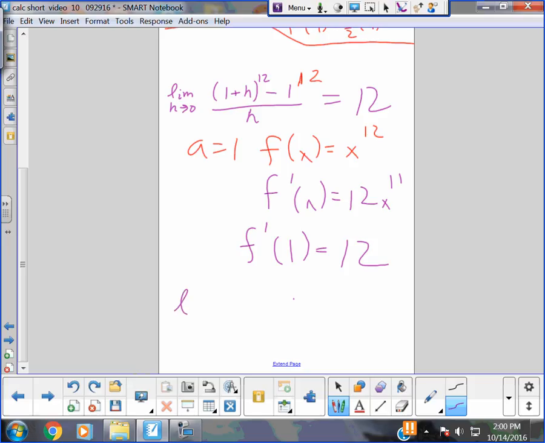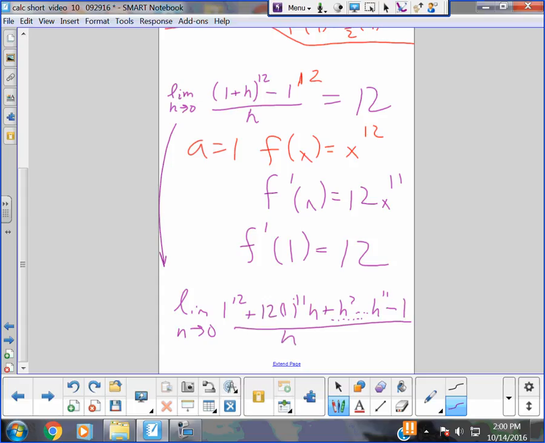I could write the limit as h approaches 0 of 1 to the 12th plus 12 times 1 to the 11th times h, plus every other term hereafter has h squared. The next term in Pascal's triangle is h squared, then h cubed, all the way to h to the 12th, minus 1, all over h.